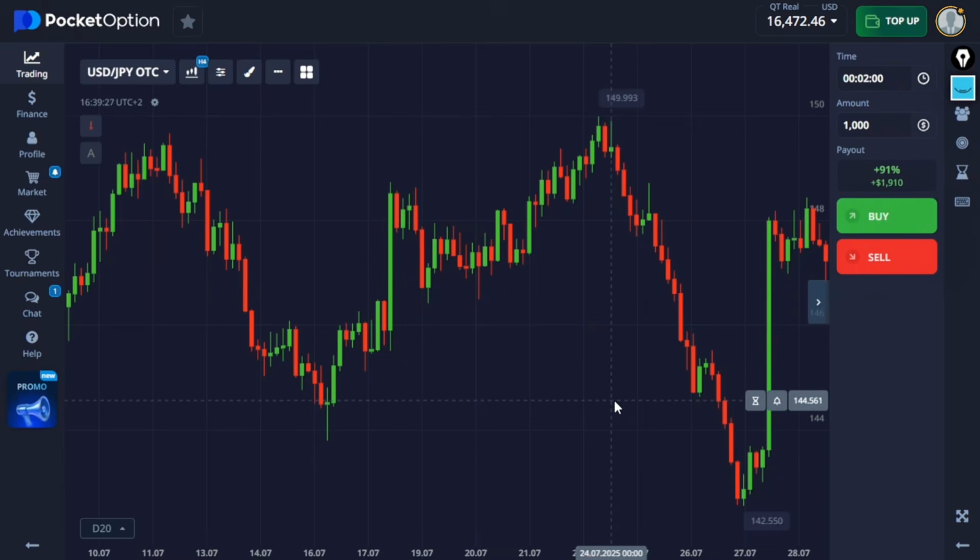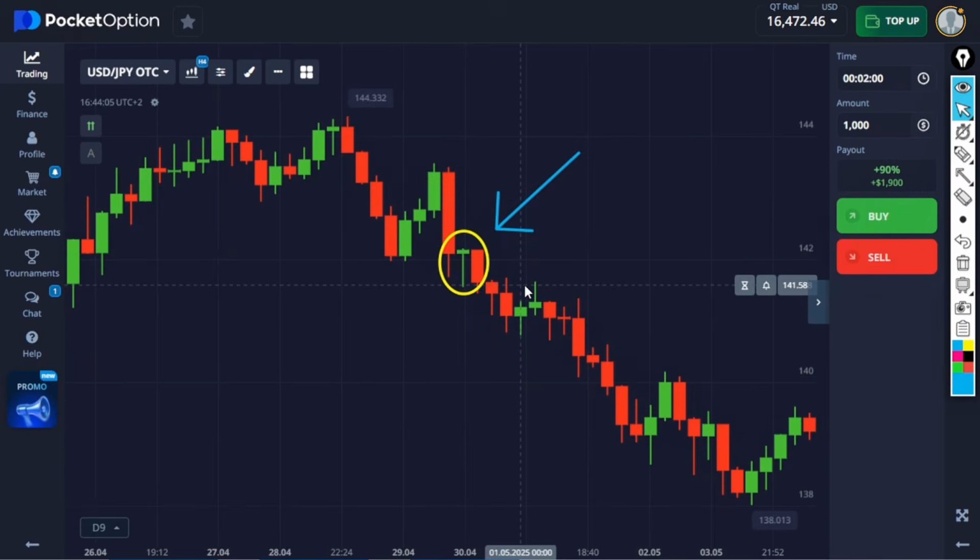Now, when it physically comes to implementing rejection candles into your trading, you're not going to sit there like an idiot and open a trade just because a rejection candle formed. You're not going to sit there and look at a lonesome bullish rejection candle like this one and think to yourself, ooh, I think I'm going to buy. We're going to the moon, yeah?